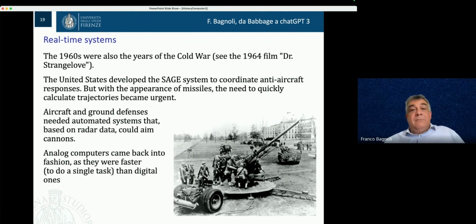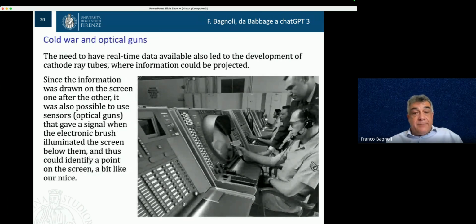So they had to rethink everything, to have a way of detecting and reacting to something within this amount of time. And so clearly they needed to use computers.